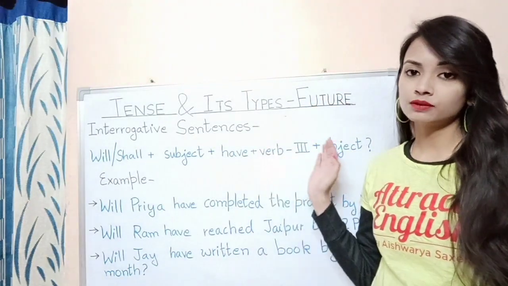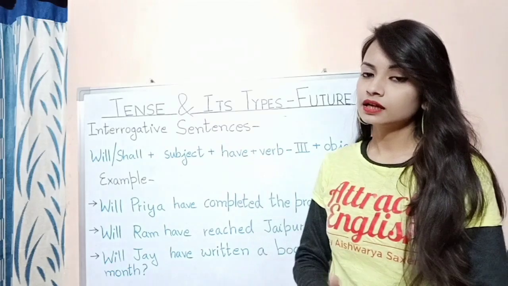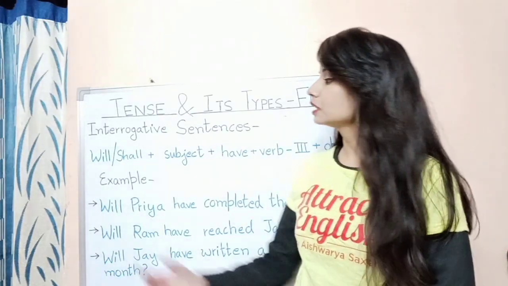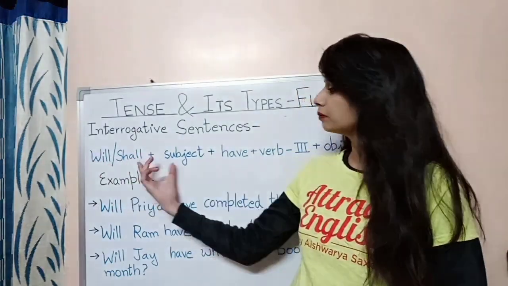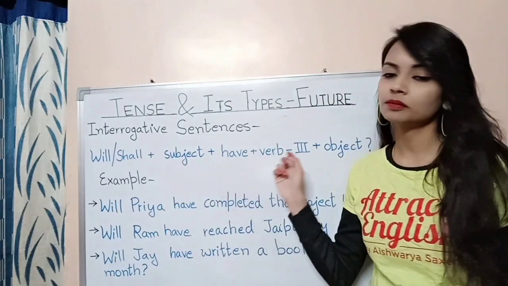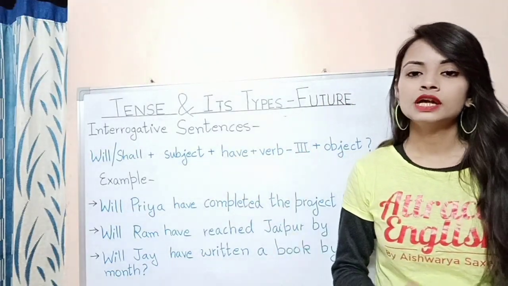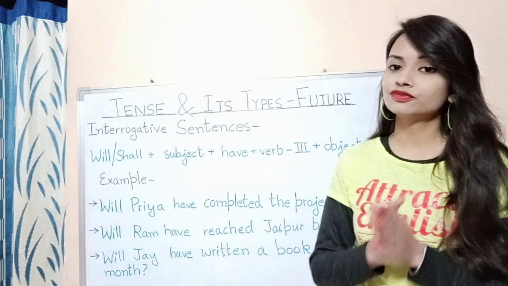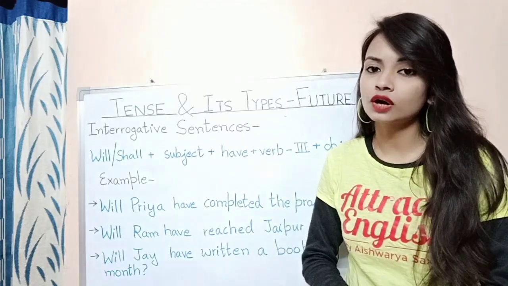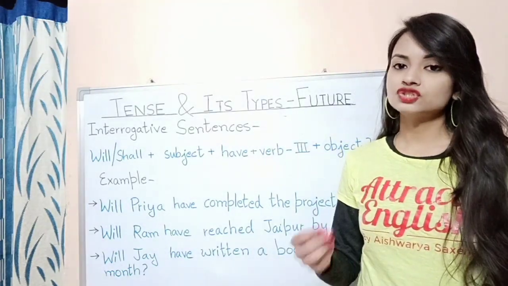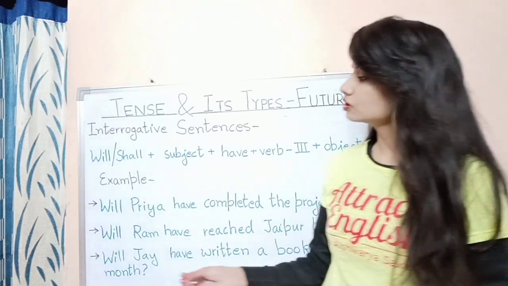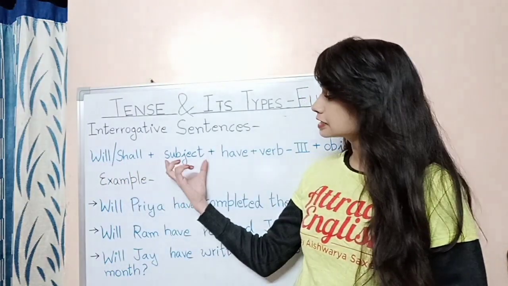The rest of the part was absolutely the same. But here the sentence is starting with the auxiliary verb, then plus the subject, and the rest of the part is still the same. So the difference between the first format and this format is that we have just interchanged the positions of the auxiliary verb and subject.